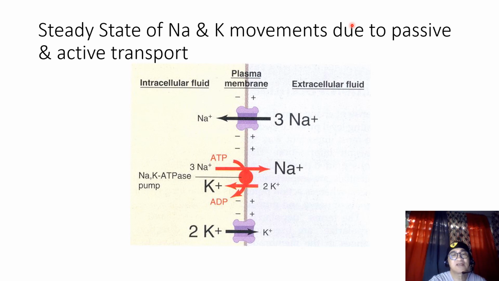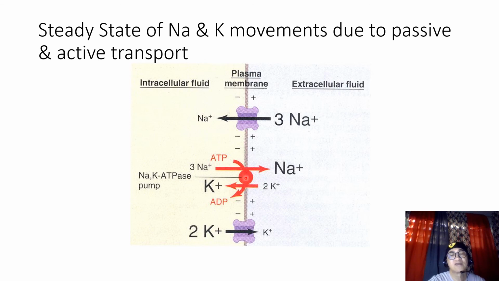The steady state of sodium and potassium movements due to passive diffusion is also aided by the active transport of the same ions across the membrane. There is an active transport called the sodium-potassium pump that is abundant at the membrane of neurons.